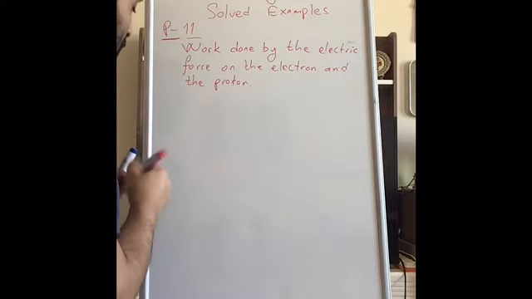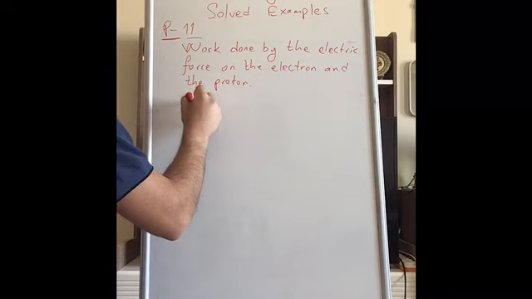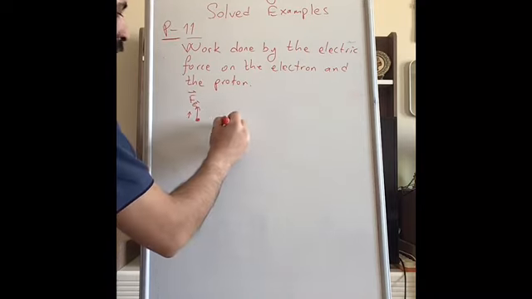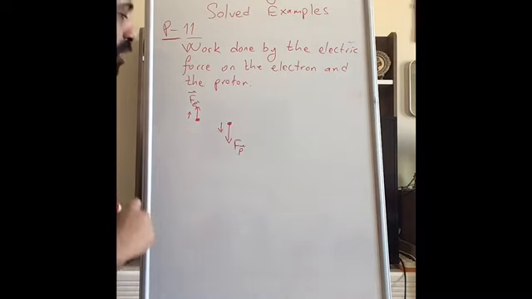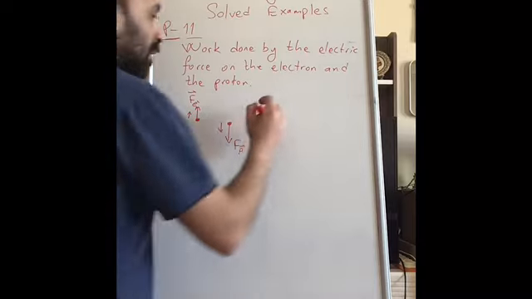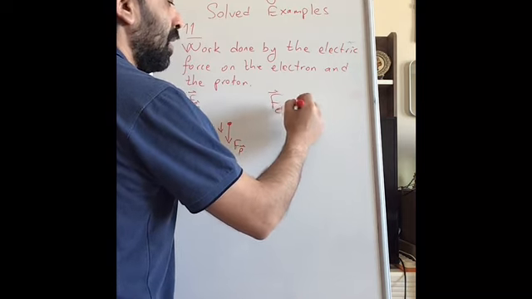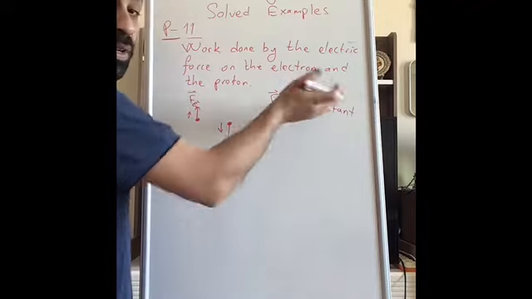Alright, so this is our electron, the force in this direction, and also it is moving in this direction. And this is our proton, the force is in the opposite direction, but it is also moving in the opposite direction. And since these forces are constant, the work for F_E and F_P is constant, and actually they were equal to each other.